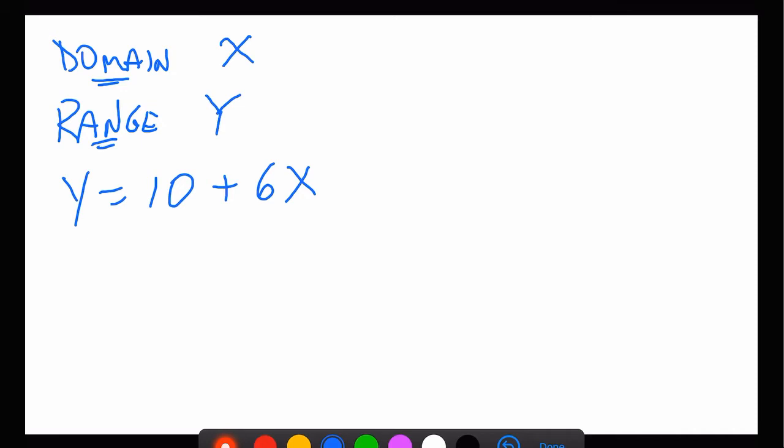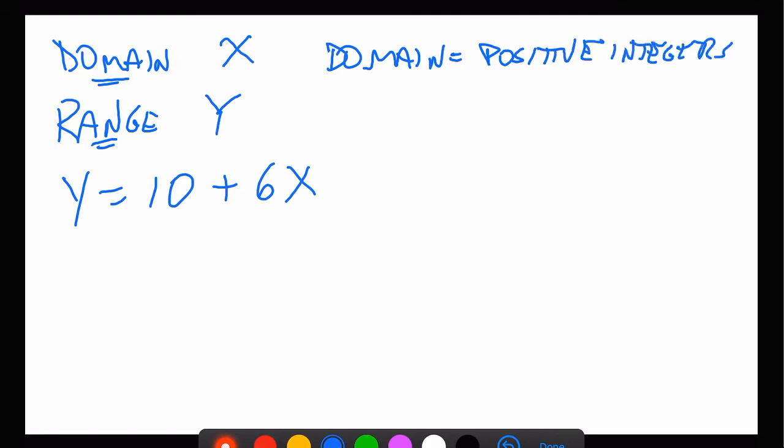Now, let's say the domain of this function equals positive integers: 1, 2, 3, 4, 5, 6, 7, 8, 9, 10, like that. That would mean the range of this, well, the smallest this could be would be 16.